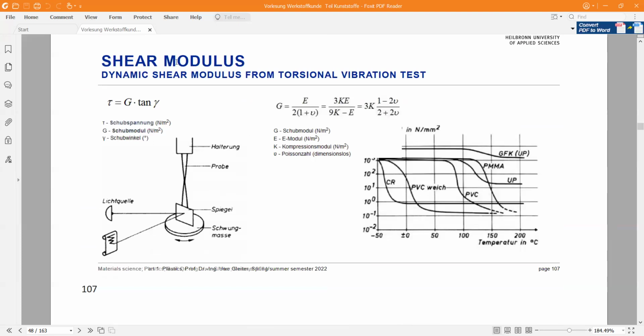So shear modulus, dynamic shear modulus from torsional vibration test. So the shear stress in newtons per meter square is equal to shear modulus in newtons per meter square multiplied by tangent of shear angle in degrees.